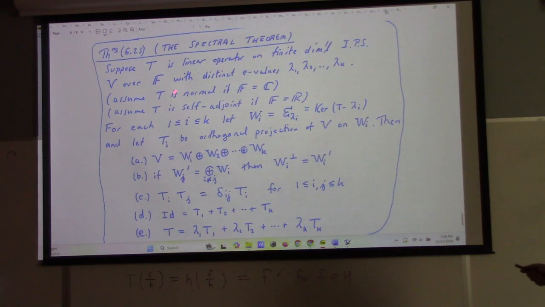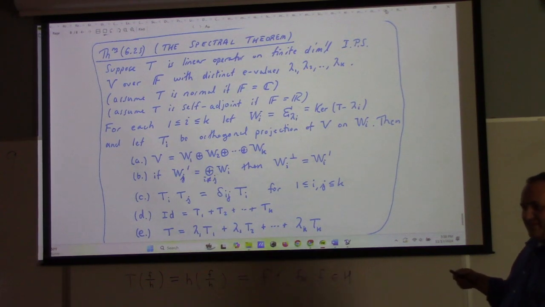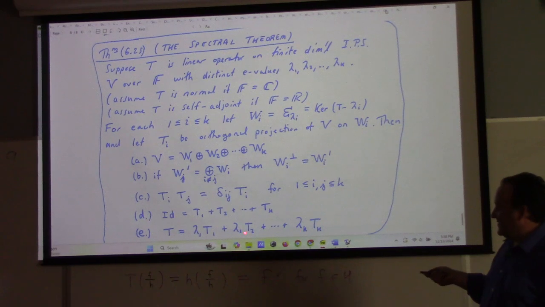I'm personally very fond of this theorem because it's how I make examples. Suppose you want to make a matrix which has eigenbasis such and so forth, all right? Well, what you do is you take that basis and you build the projections.